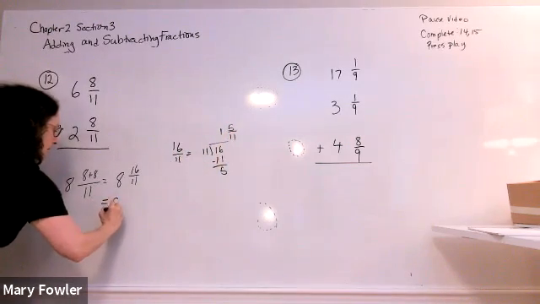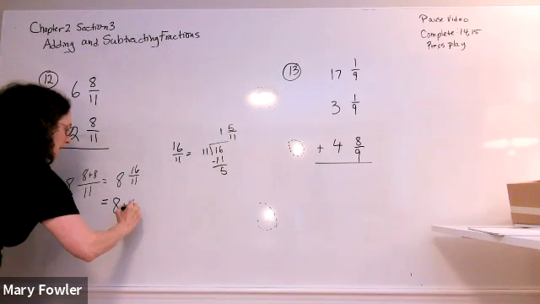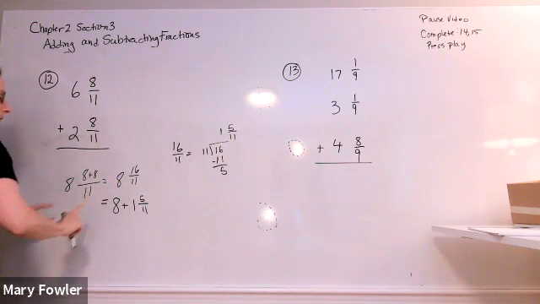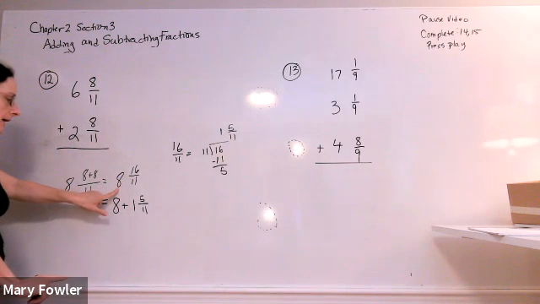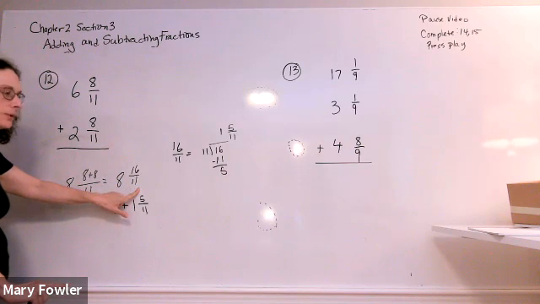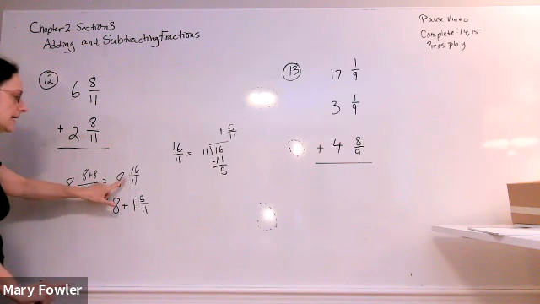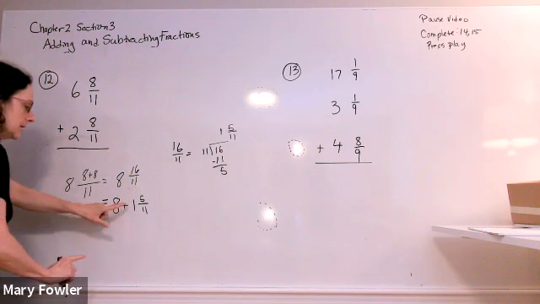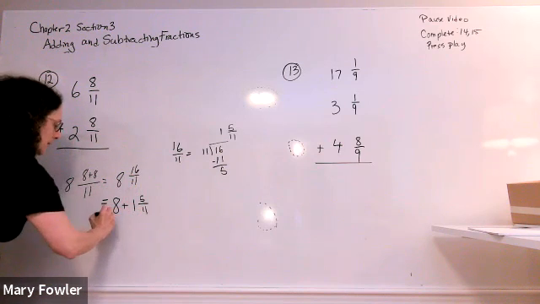So I'm going to rewrite that. Because when we have here the whole number piece, it's really being added to the fraction piece in the mixed number. Okay, so it's 8 and 16 over 11. So we're rewriting it like this.